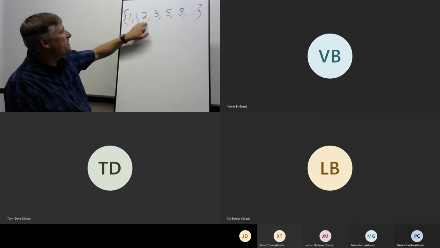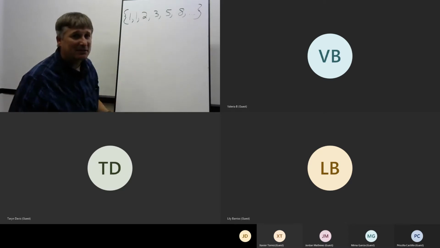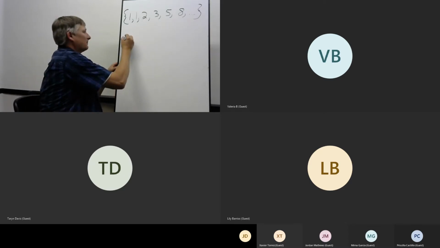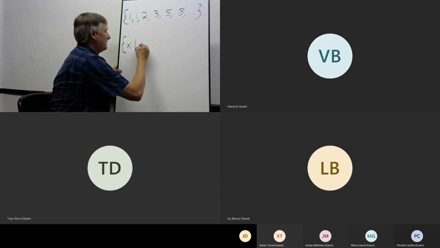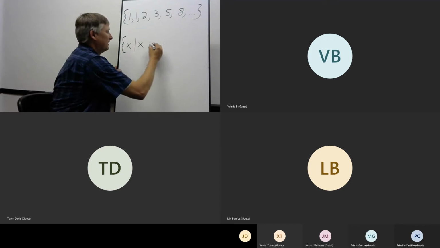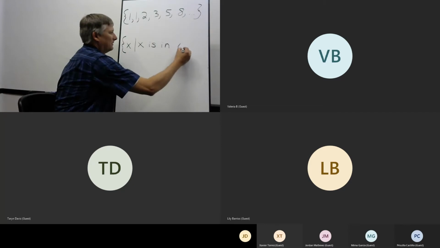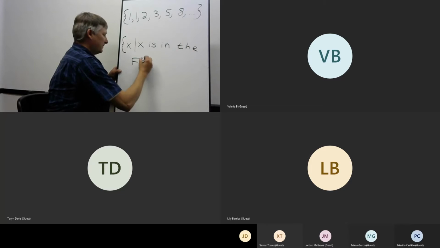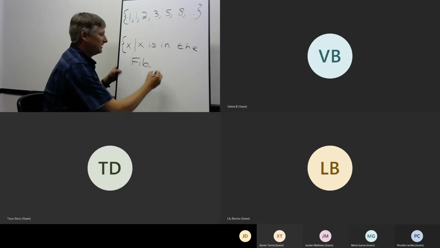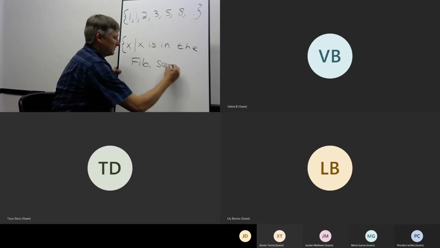So if you're not familiar with this pattern, if you haven't seen it before, then what someone could write would be all the numbers x such that x is in the Fibonacci, I'm going to abbreviate it, sequence.